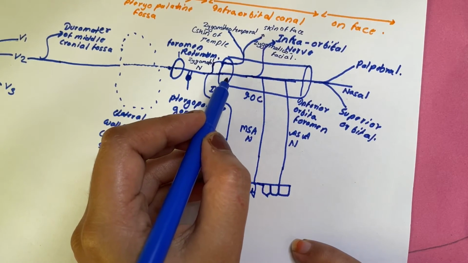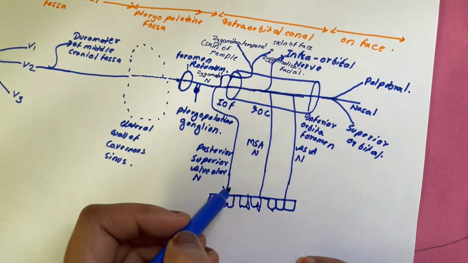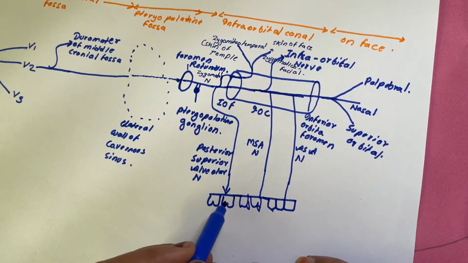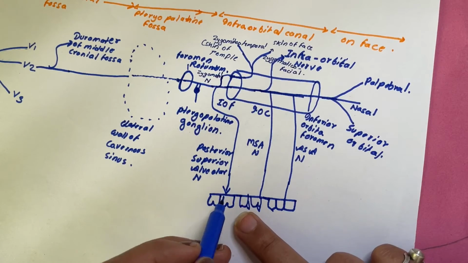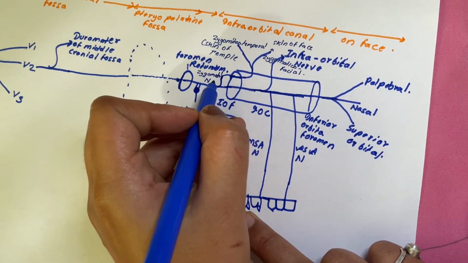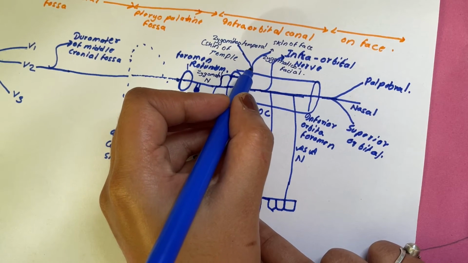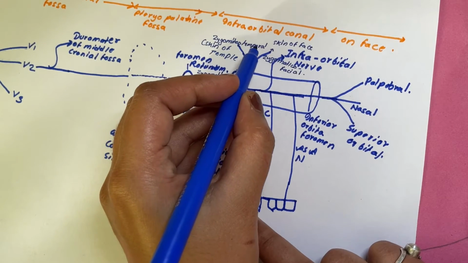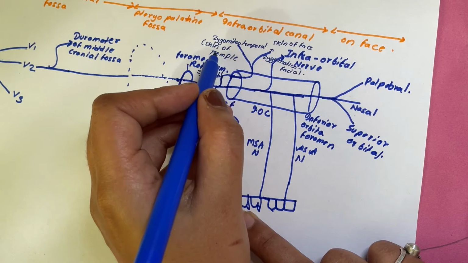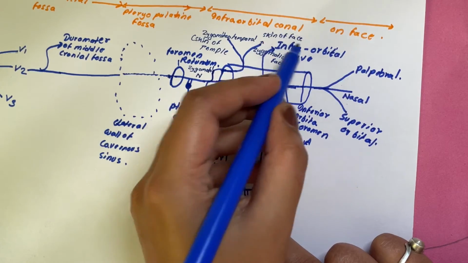Before entering the inferior orbital fissure, it gives the branch called the posterior superior alveolar nerve, which supplies the posterior teeth and the palate, and another branch is the zygomatic nerve, and it crosses through the inferior orbital fissure and gives two branches called zygomatico-temporal and zygomatico-facial. Zygomatico-temporal supplies the skin of the temple, while zygomatico-facial supplies the skin of the face.